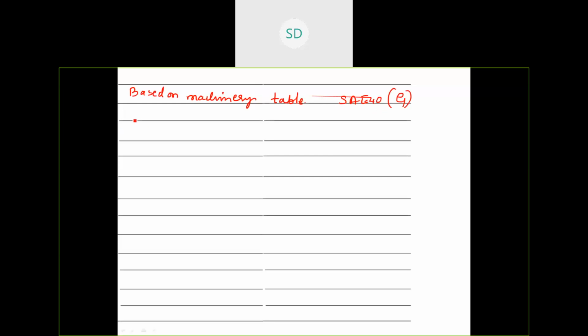Now referring to figure 15.3 for G type oil, at a 60-degree operating temperature, the corresponding kinematic viscosity ZK, I think is nearly 100 centistokes.